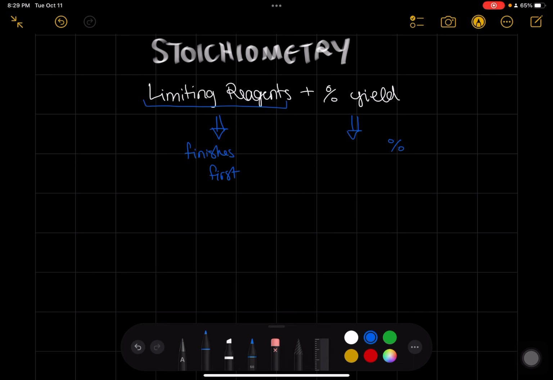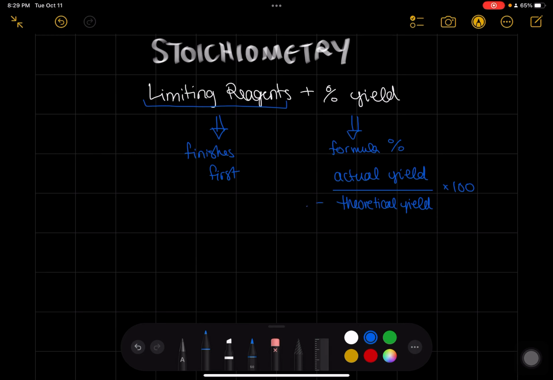In case other atoms react with other things, it gets a little more confusing. But this is the formula: actual yield over theoretical yield, multiplied by 100.